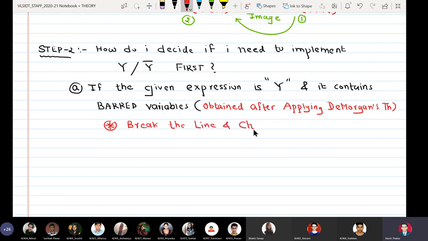Breaking the line means removing the bar, and changing the sign means changing AND to OR and vice versa. That is called De Morgan's theorem.